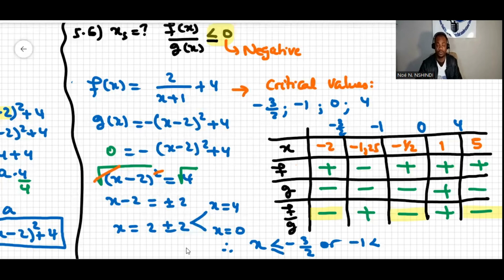Here it's less than or equal, but there it must be strictly greater than -1 because -1 is the undefined value, so it's not part of the solution. And x is less than or equal to 0, since 0 is one of the critical values, or x is greater than or equal to 4. So that's the solution.